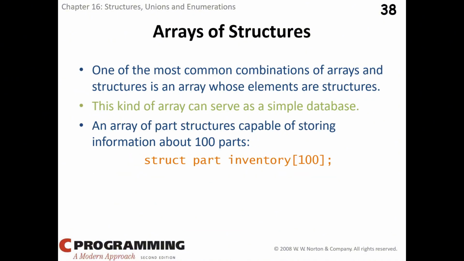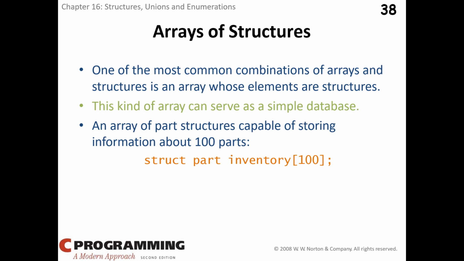Now in C, arrays and structures often work hand in hand, like I've said before. One common use case is an array of structures where each element of the array is a structure. This combination is particularly useful and can be likened to a simple database.